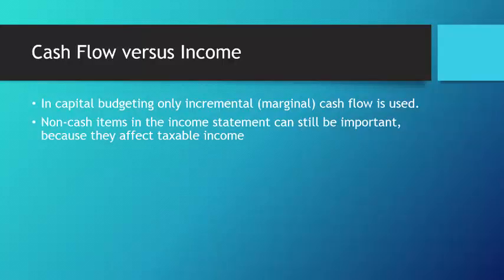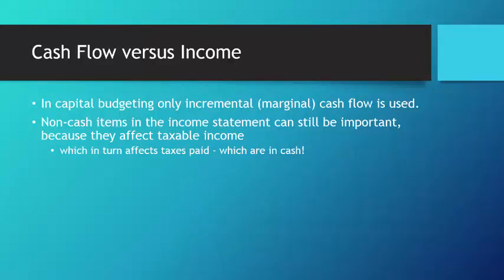Non-cash items in the income statement can still be important, like amortization and depreciation and impairment, because they can affect taxable income, but we're only going to look at the tax effect of those. We're not going to look at the actual expense because they're not cash items.